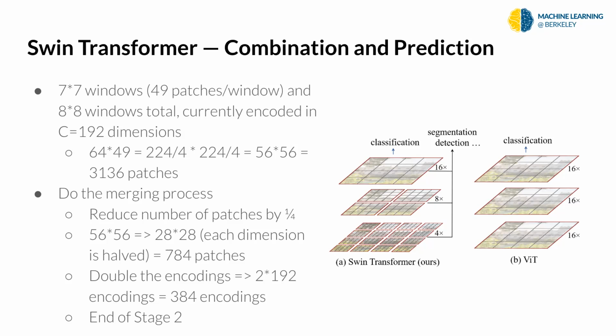We start off with 64 windows, and we reduce the number of these by a factor of 2 every time. We want to end when we have 7 windows. So instead of 8 by 8, we end when we hit 7 by 7. And that was also the size of our initial number of patches per window, if that makes sense. So this not only determines our patches per window, but also our stopping condition for the ViT.